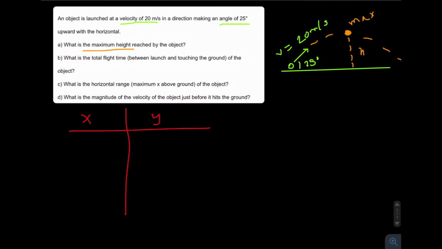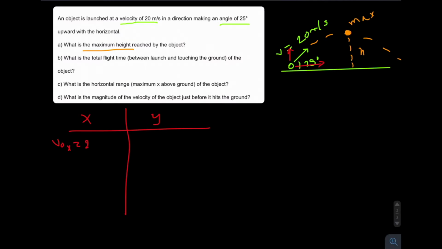Now, we can find the initial velocity in the X direction and the Y direction. We just need to use simple trig. The initial velocity along the x-axis would be 20 meters per second times cosine of 25, because that's simple trigonometry.